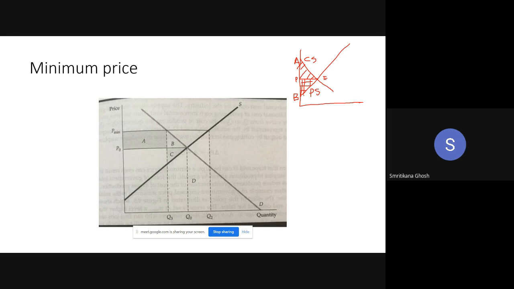Look at the first diagram. This is the minimum price, that is price flooring. Now we know that to have an effective price flooring, the minimum price or the floor price should be above the equilibrium price.